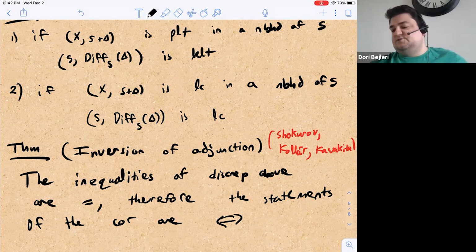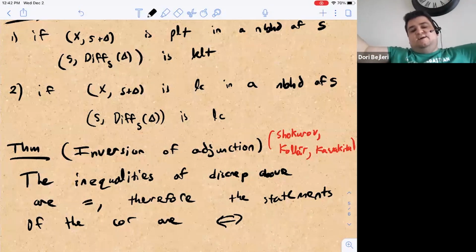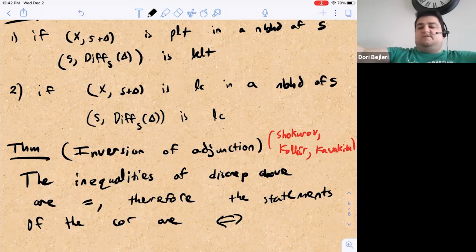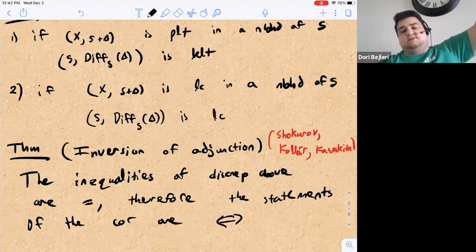But the idea is you need to somehow control the discrepancies of these other divisors, right? Because not every divisor of X whose center intersects S, so that lives in a neighborhood of S, is of the form you get when you start with a divisor over S and then produce blowups to get a divisor sitting over it.